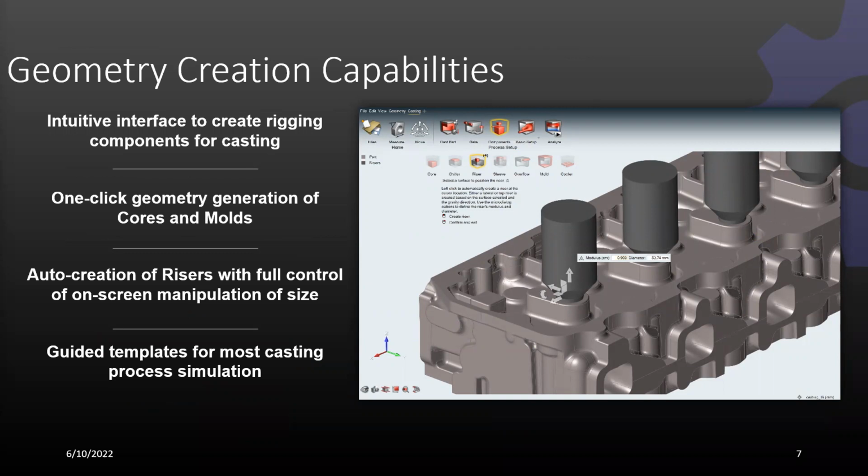The InspireCast solver uses parallel processing, which enables a significant reduction in calculation time. That saves money. Most parts can be solved in minutes on a regular workstation. Since InspireCast uses a biphasic air-metal model for computation, the effect of air when filling the mold is better captured to predict the air entrapment, if that's what you're looking for.